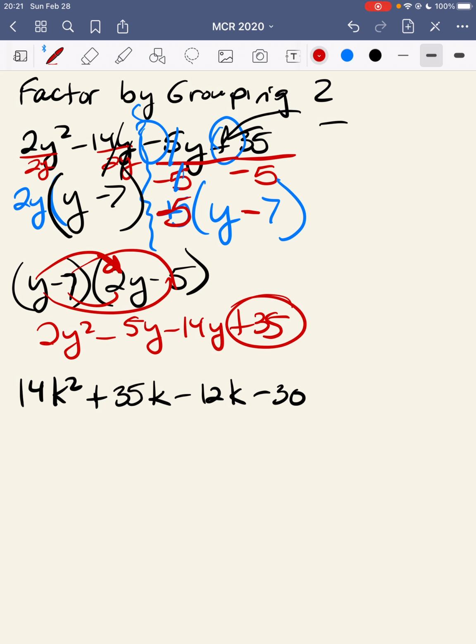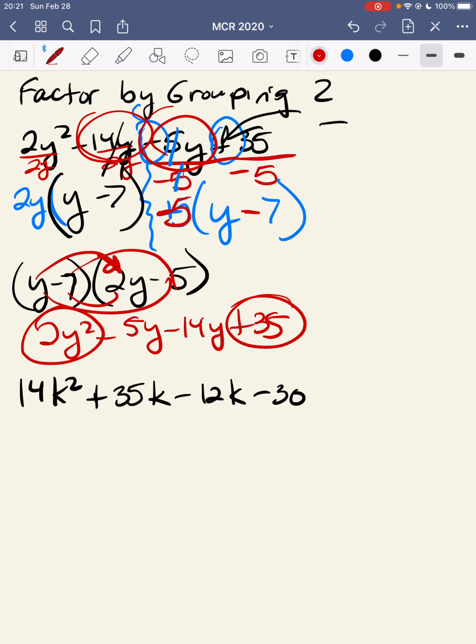So there's my plus 35, there's my 2y squared, and if I look at the middle 2 terms, I have my 14y and my 5y. I am good to go. So sometimes you have to go ahead and factor out a negative number to do factoring by grouping.